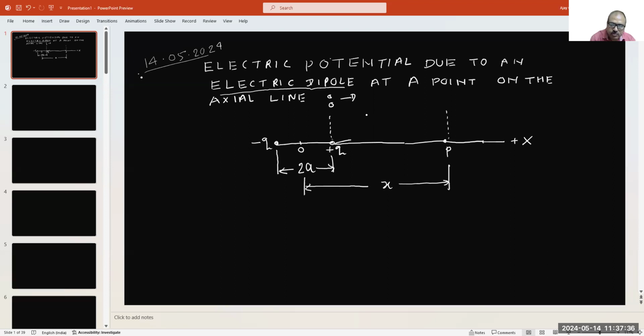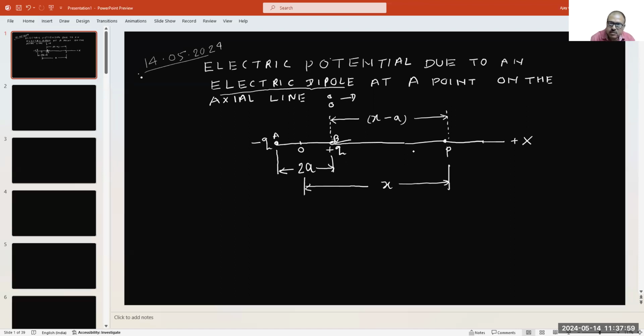If your dipole is AB, you can easily find the values of AP and BP. BP will be x minus a. This is the distance of the point P from the point B. You can show it in the diagram.